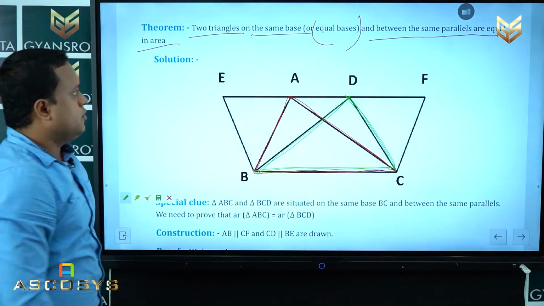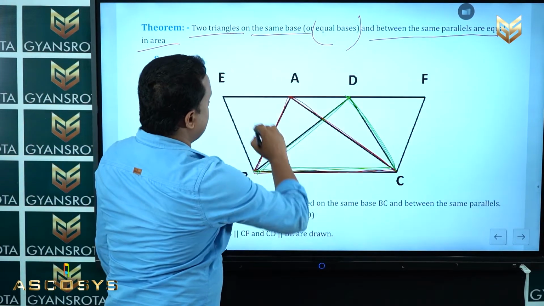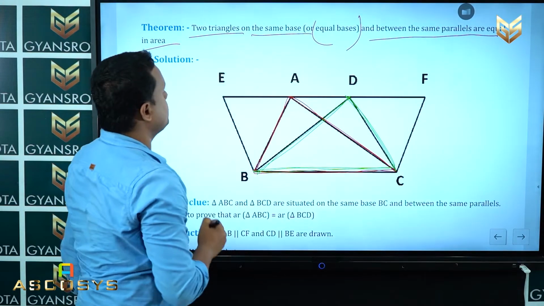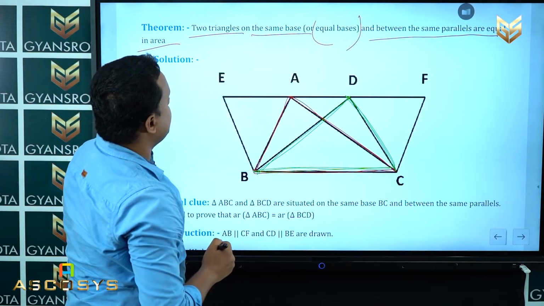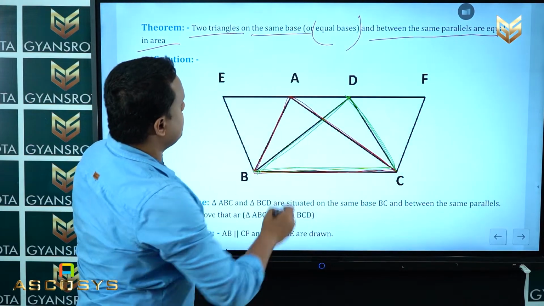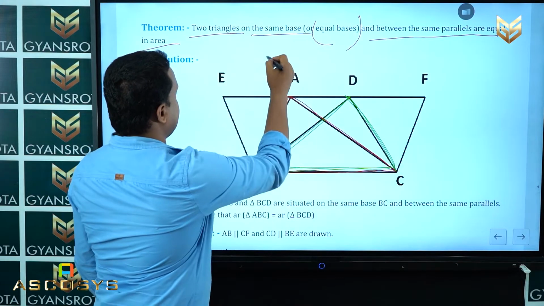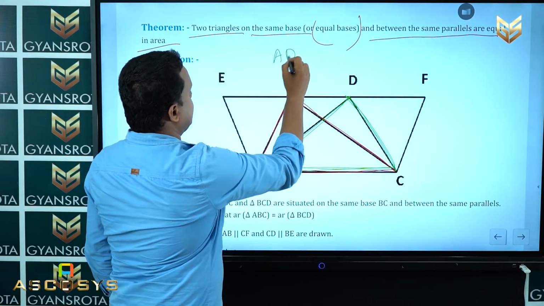They are on the same base BC. BC is the common base for both of these triangles, and they are between the same parallels, so AD is parallel to BC.